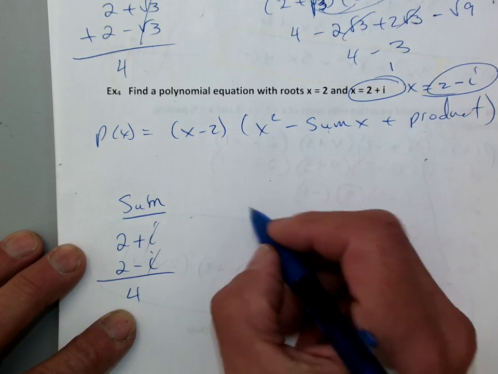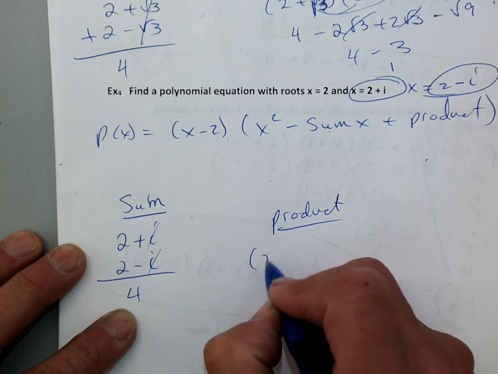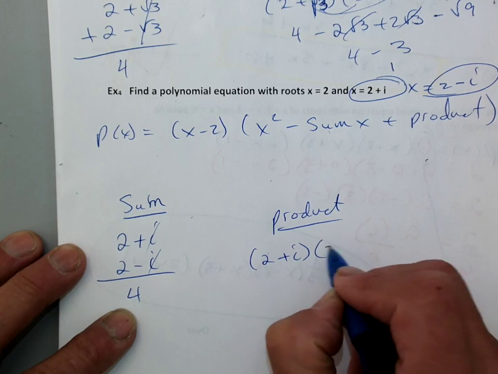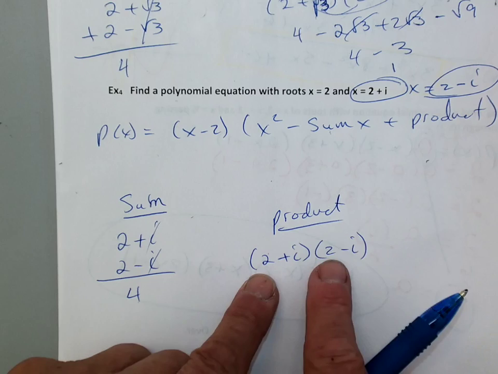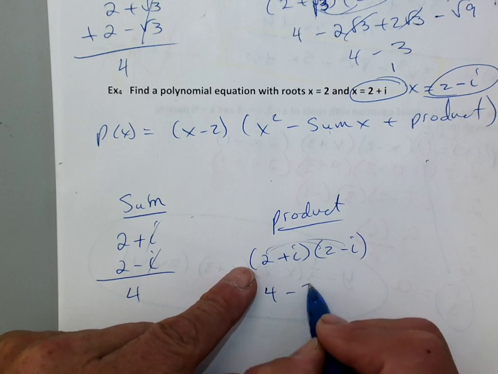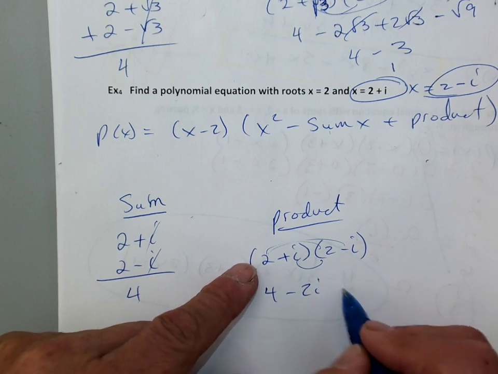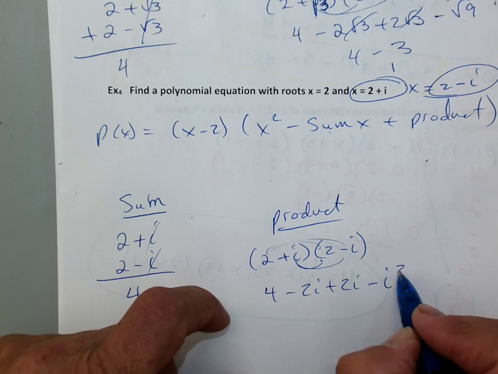And then the product, I've got to multiply, okay? So I'm going to go 2 plus I times a 2 minus I. I'm going to get 4 minus 2I plus 2I minus I squared.